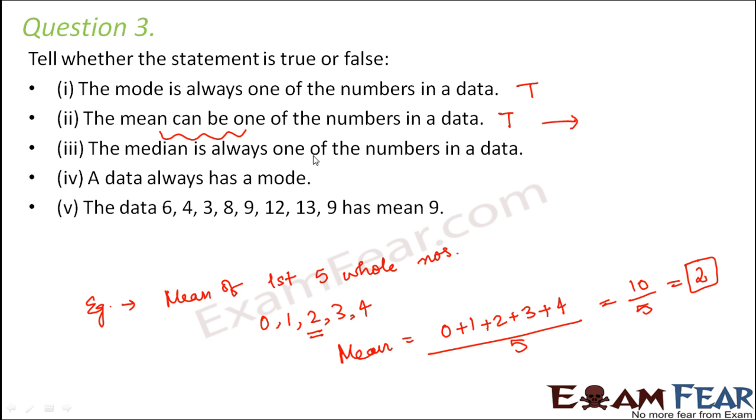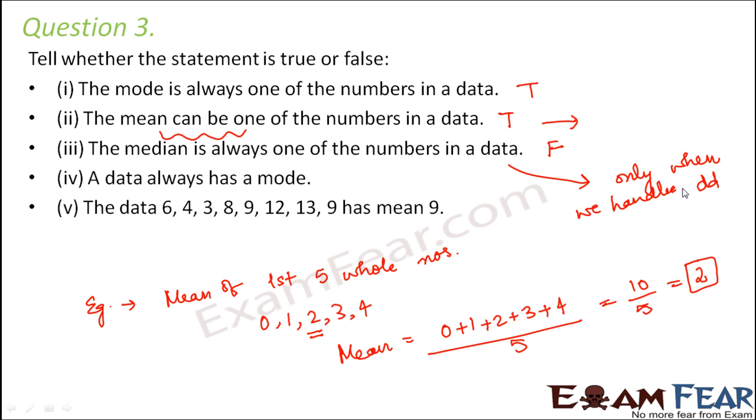The median is always one of the numbers in a data. Well, this is false. Median is one of the numbers in a data only when the total number of data is odd.